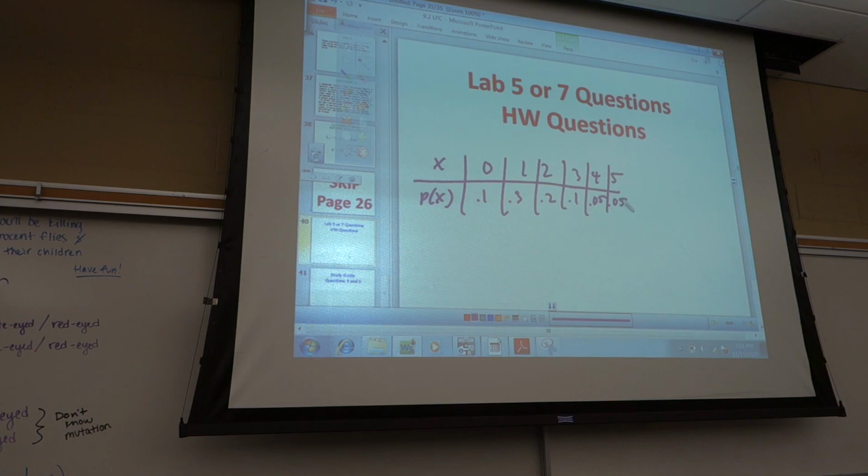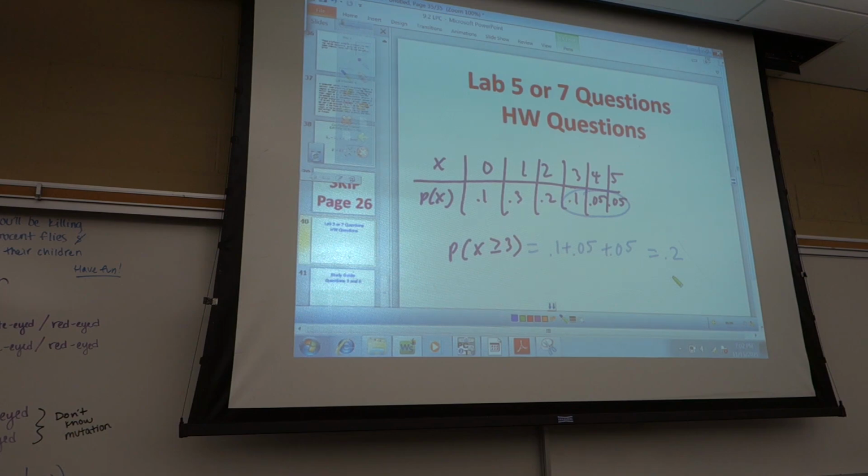What's the probability that something is 3 or more? Greater than or equal to 3. Which ones are greater than or equal to 3? 3, 4, 5. Yeah, these ones. So we're going to add the probabilities. 0.1 plus 0.05 plus, right? It's 3 or 4 or 5. Done.